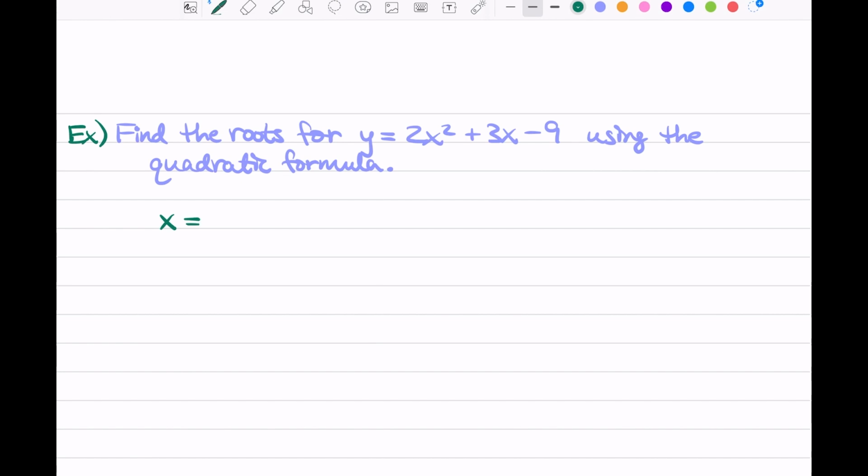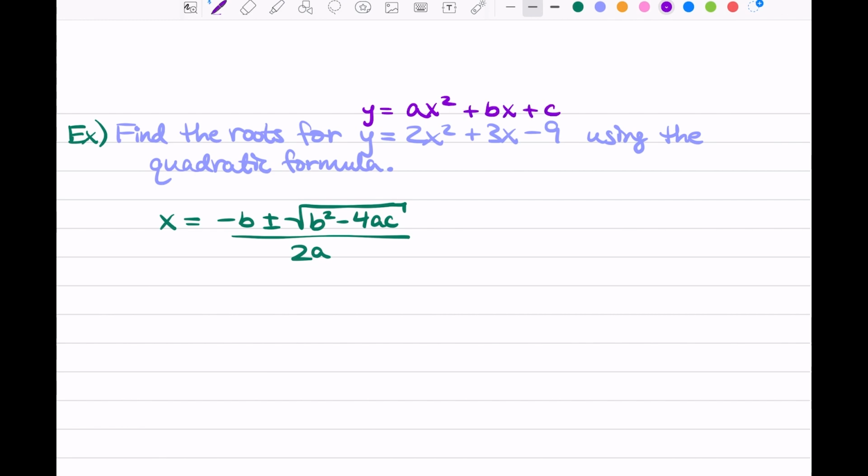We have x equals negative b plus or minus the square root of b squared minus 4ac, and all of this over 2a. And let's write the general form to help us. y equals ax squared plus bx plus c.